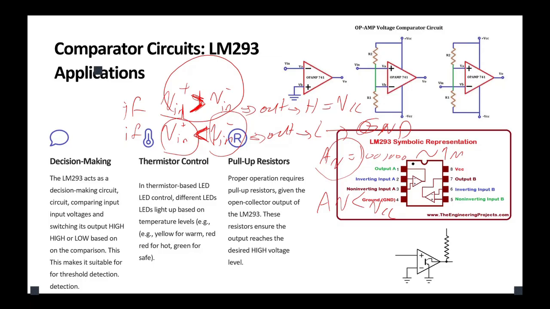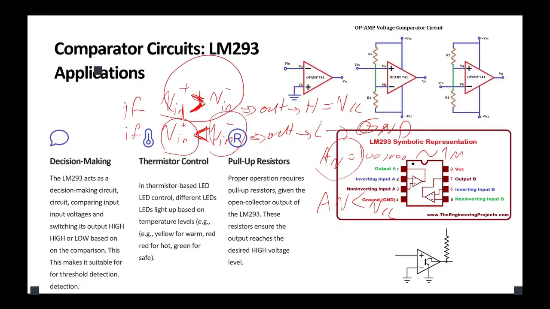It means when the internal transistor turns on, it pulls the output directly to ground, which is a low output. And when the transistor turns off, the output is disconnected internally, so it floats.